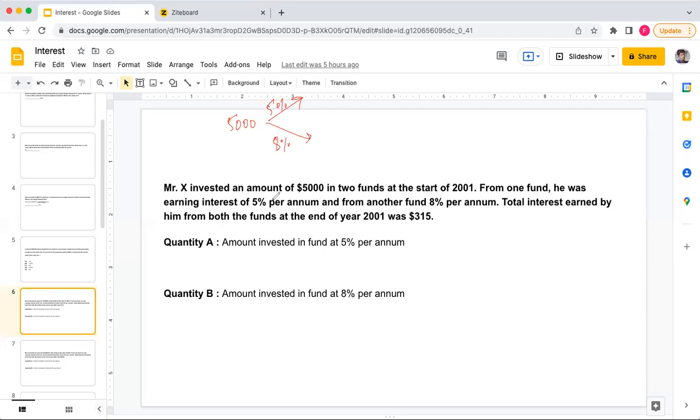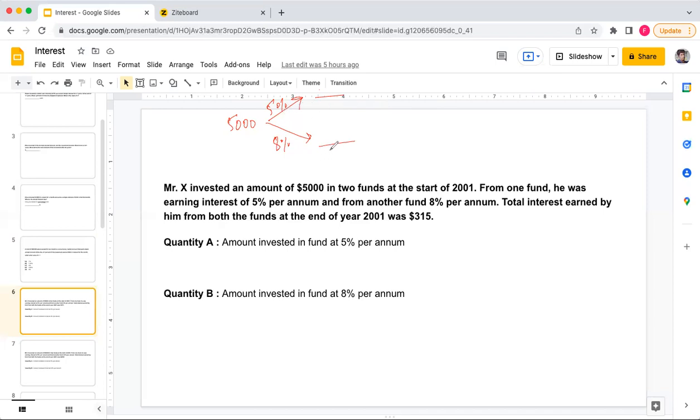The question says he invested an amount of 5,000 in 2 funds. If the question said 5,000 in each of 2 funds, then each would be 5,000. But the question says he is investing a total of 5,000 in both, right? So he's investing some portion of 5,000 at 5% interest and some portion at 8% interest.